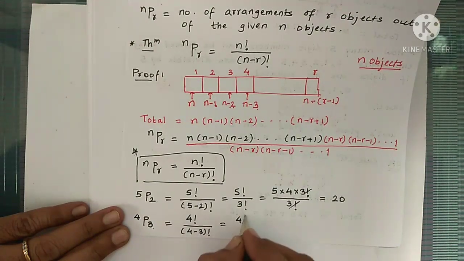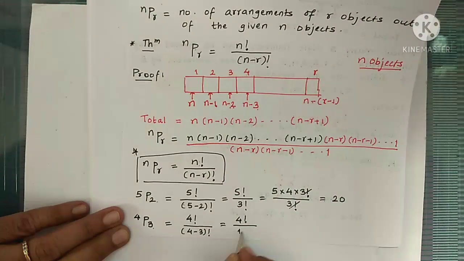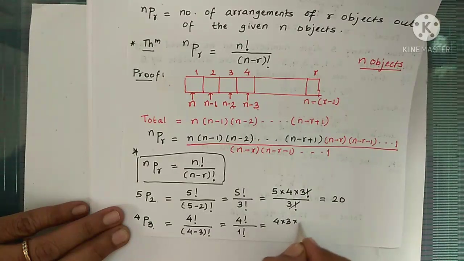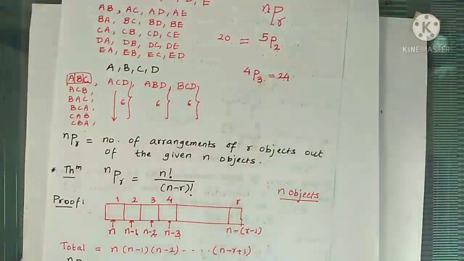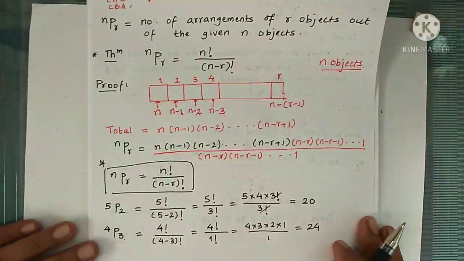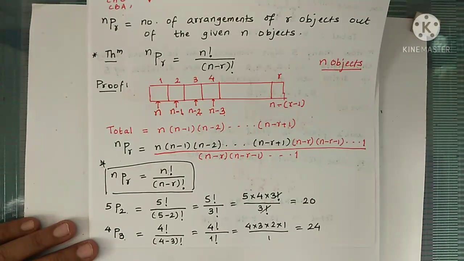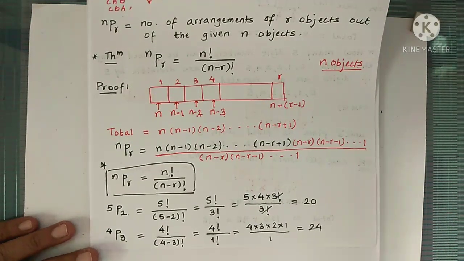So this one is 4 factorial. 4 minus 3 is 1 factorial. 4 factorial, 4, 3, 2, 1. 1 factorial is 1 only. And this is 24. See, already we know the answer. But we have written all the possibilities here. And here, without writing the arrangements, we are getting the value of 4P3.